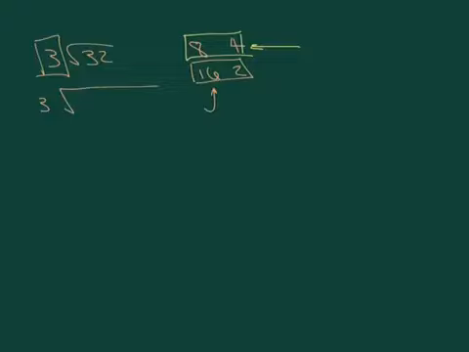I prefer, and I'm not going to go into all the details about why, finding two numbers where one I can take the square root of, like 16, and the other one is a prime number. That works the best.